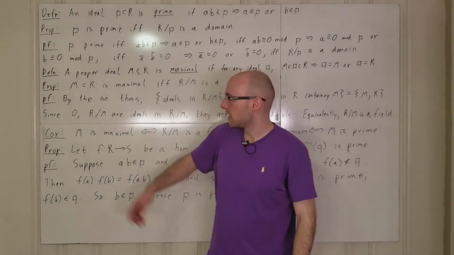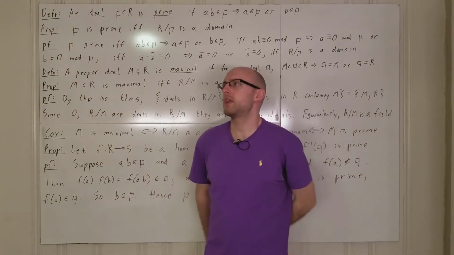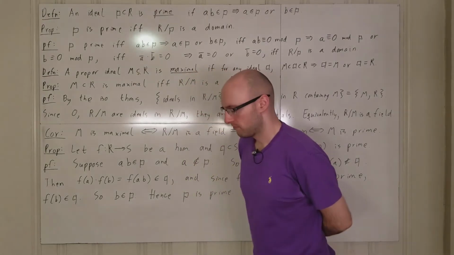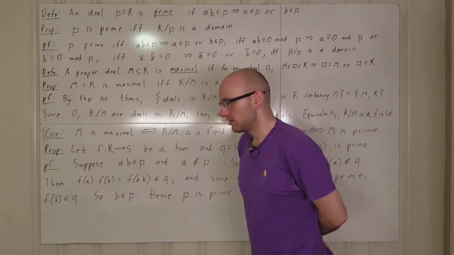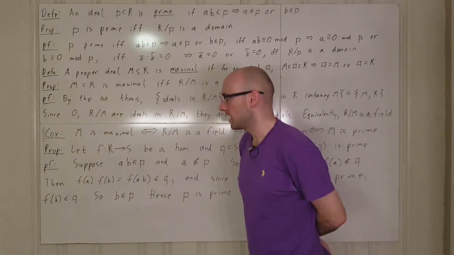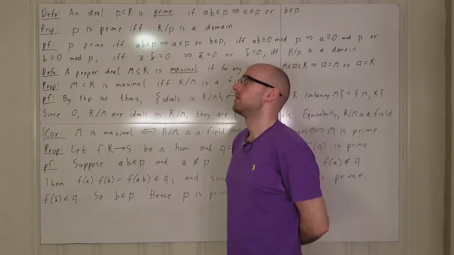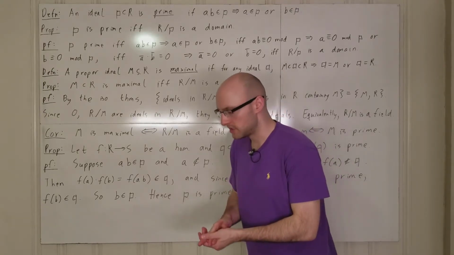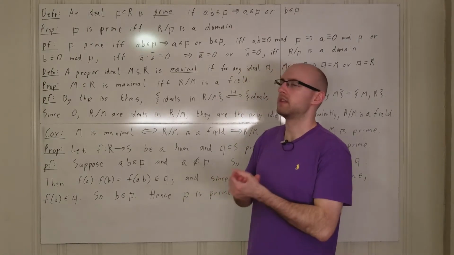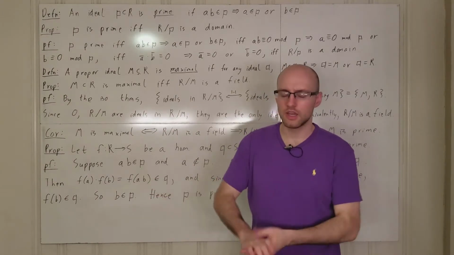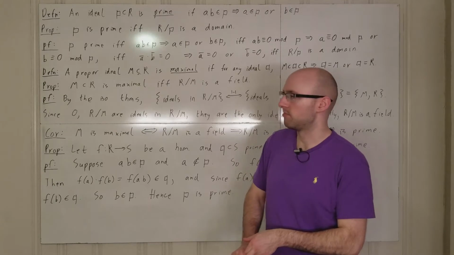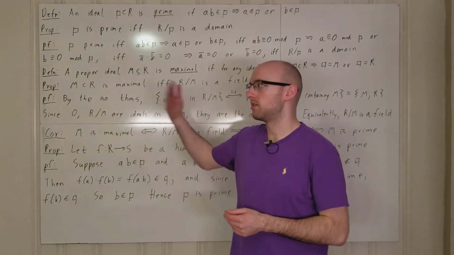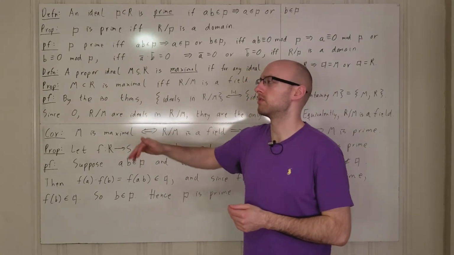However, take Z, and the zero ideal is not maximal, because you can take the ideal generated by any prime, and that will be maximal. Because if you have any ideal which contains PZ for some prime P, and which is not all of Z, then it must be the ideal generated by n for some integer n, and n must divide P, and P is prime, so n must either be P or n must be 1.